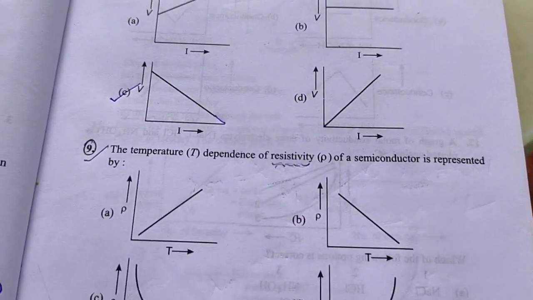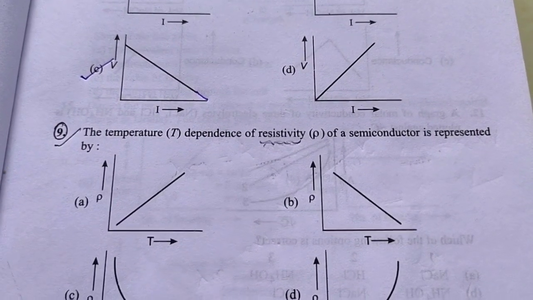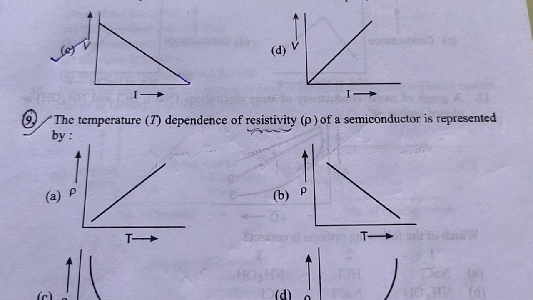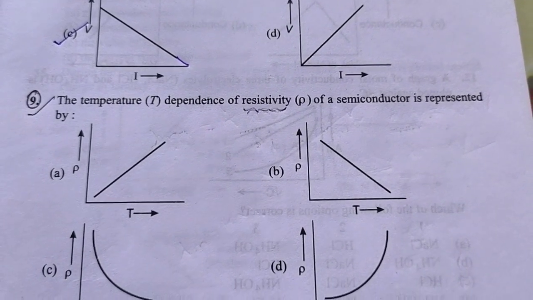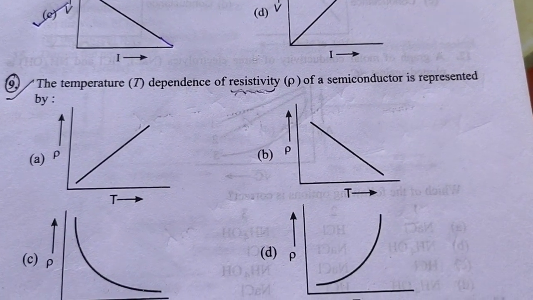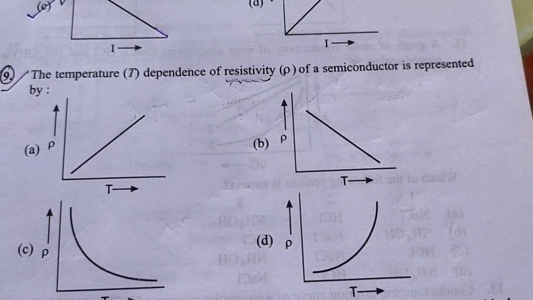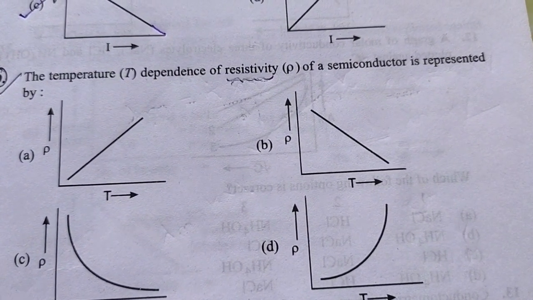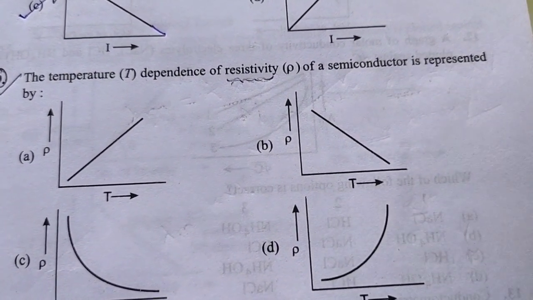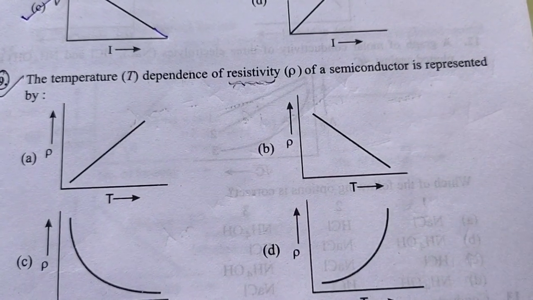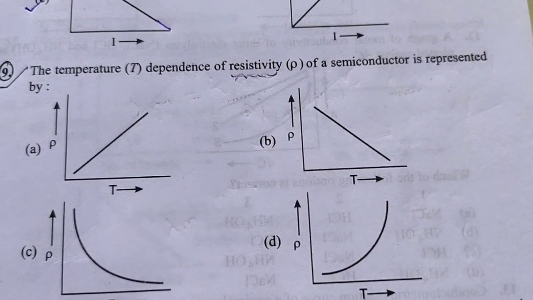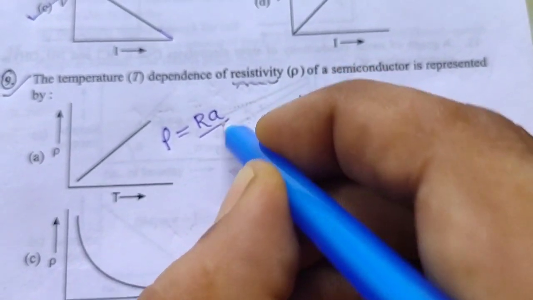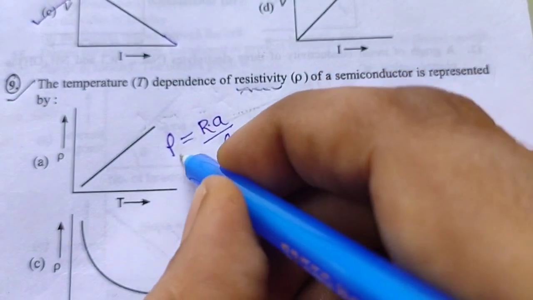So next, temperature dependence of the resistance of semiconductors: does it increase or decrease with increase in temperature? Temperature increases, resistance decreases. So rho equals RA by L. Resistance increases, rho also increases.